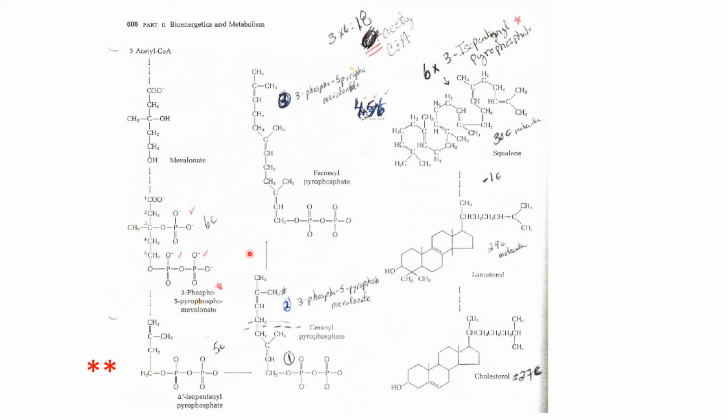honestly, starting with 3 acetyl-CoAs, which is 6 carbons, and turned into 5. We just got to do that 6 more times. So holy moly.